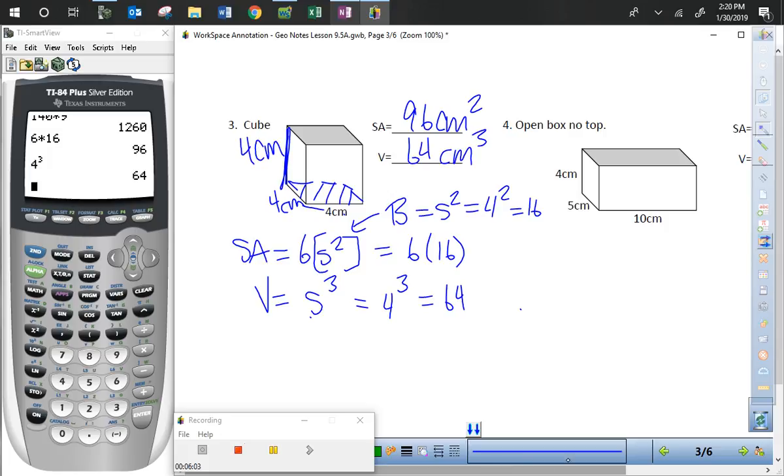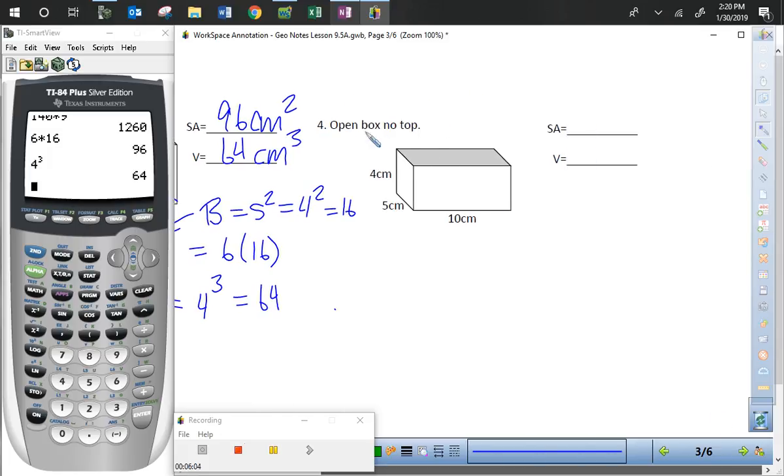Over to number 4. So this is an open box, no top. So this piece is really missing. We have to find both the surface area and the volume. Surface area, we need to go back on our yellow sheet and find that formula. It's not on our practice today since it was from the first half of this chapter.